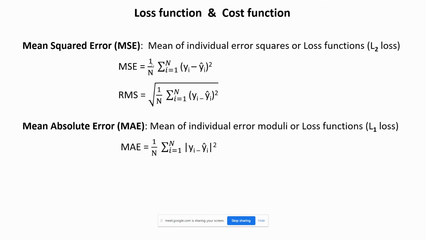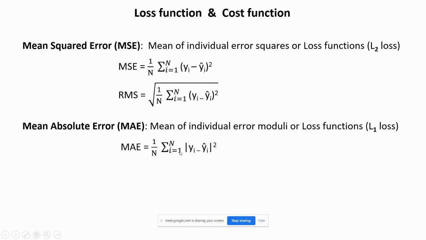If you take a square root of that, which we also discussed in the previous class, then it is root mean squared error. That is called the RMS value. Again you read it backwards: you take the square of your errors, you take a mean of that, and then you take the root of that. It is essentially the same formulation but with a square root.